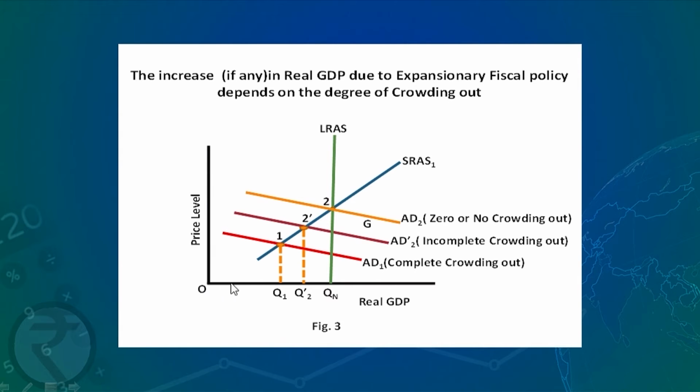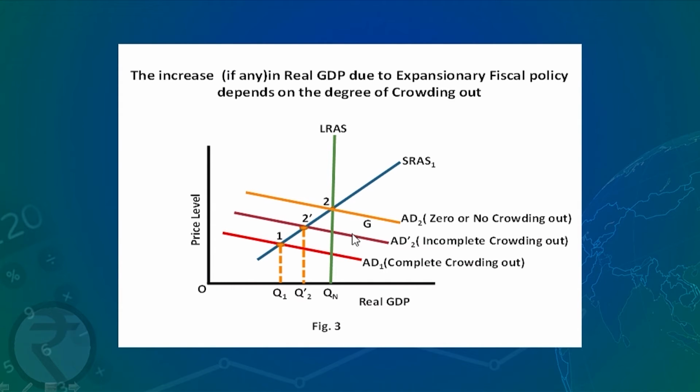Now, the natural rate of real GDP is OQN, which is on long run aggregate supply curve.